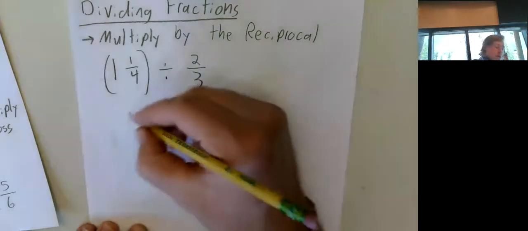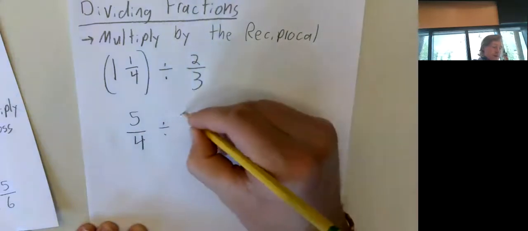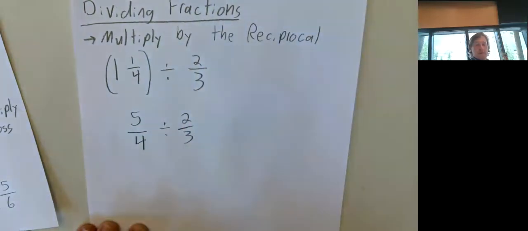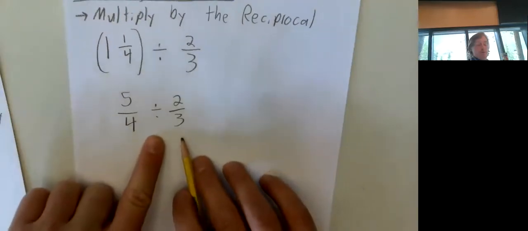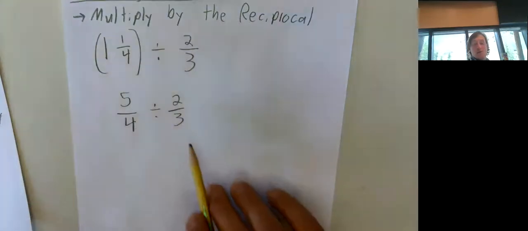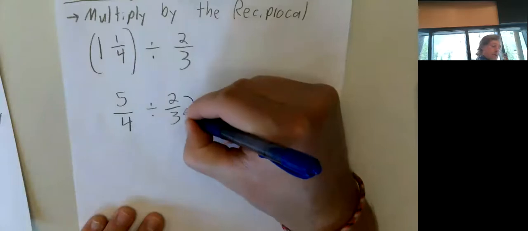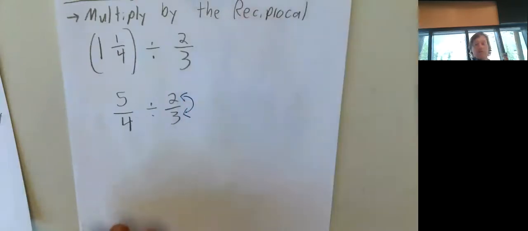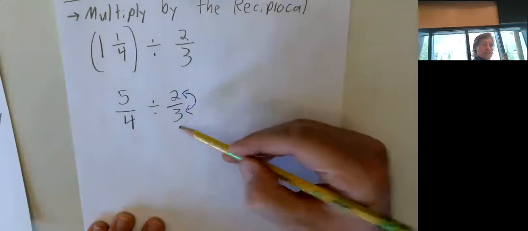So this is going to be 5/4 divided by 2/3. After I made this improper, now I'm going to change this whole problem into multiplication because we know that dividing by a number is the same as multiplying by its reciprocal. And remember, the reciprocal is just the fraction flipped upside down, where the denominator is going to become the numerator and the numerator is going to become the denominator.